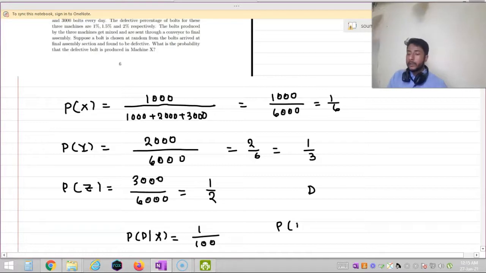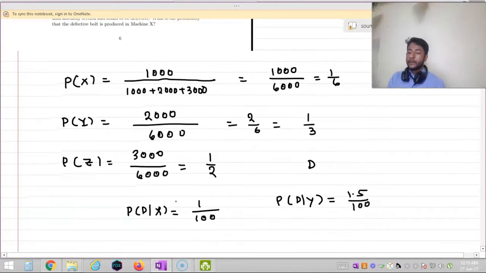The probability of a defective bolt produced by Y is 1.5 by 100, and the probability of a defective bolt produced by Z is 2 by 100.